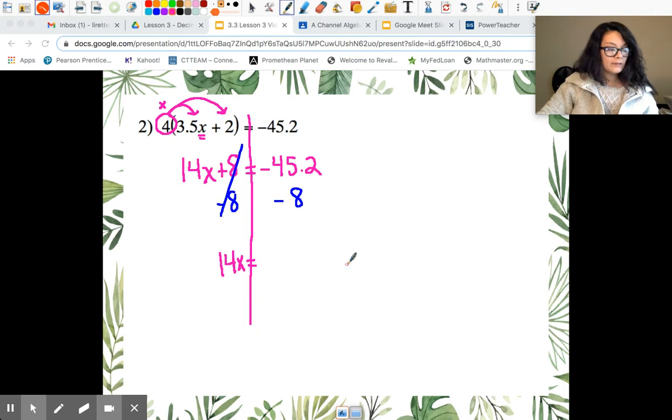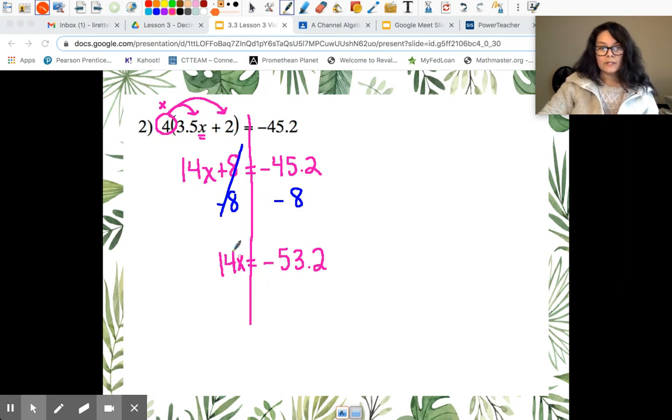And on the right, again, I can just type it into my calculator. The negative has to be typed before the 45.2 and then -8. And when I do that, my calculator is going to know to add the two numbers because they were both negatives. They were the same sign. And it also knows to tell me that that sum should be a negative number.